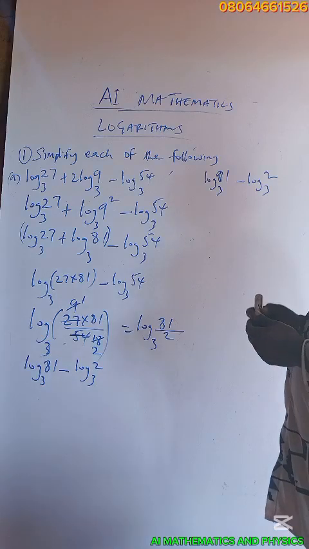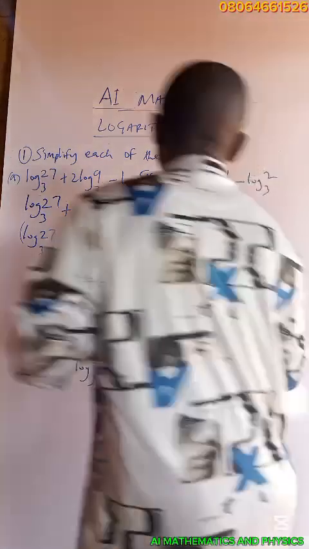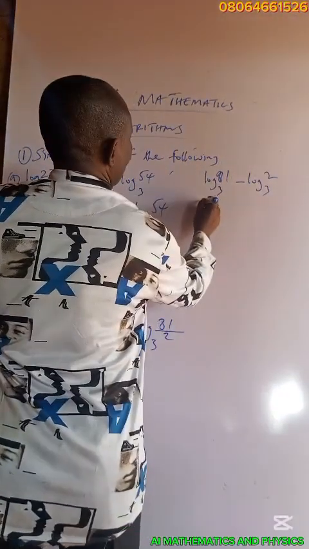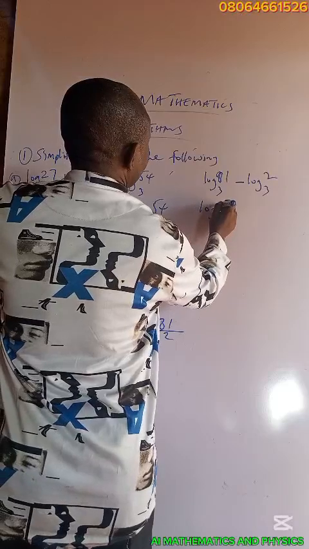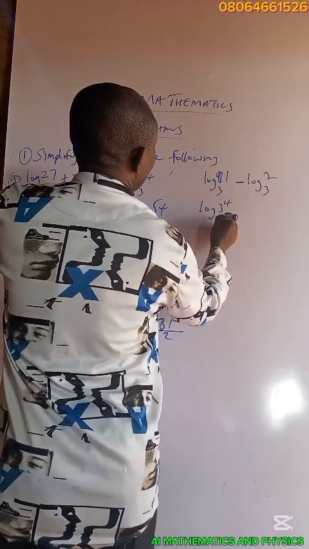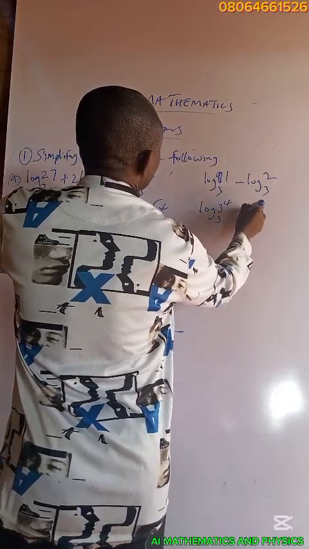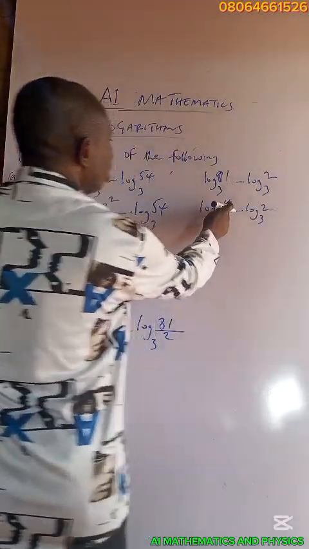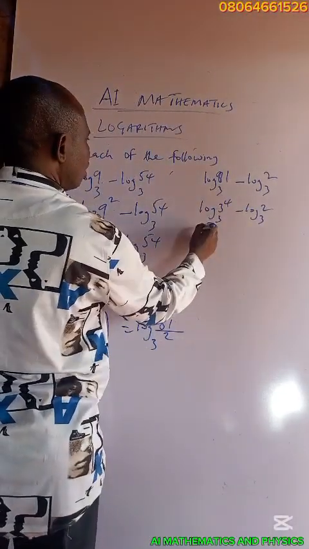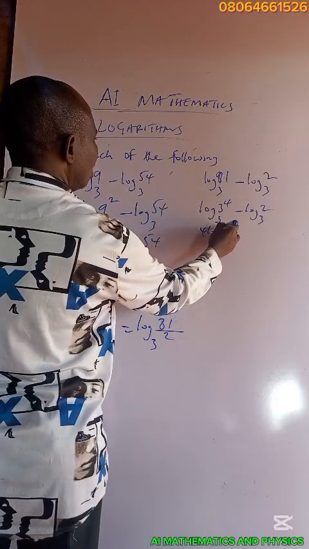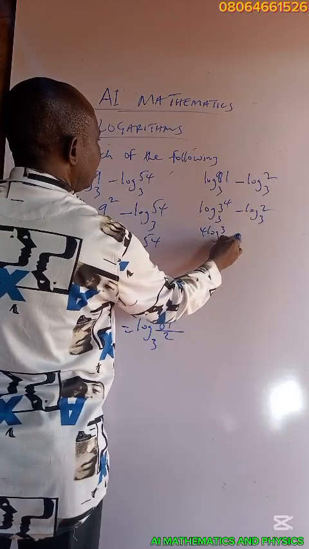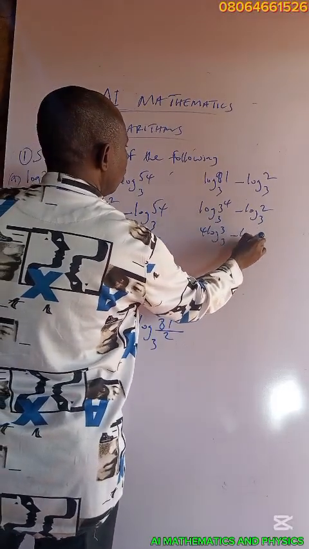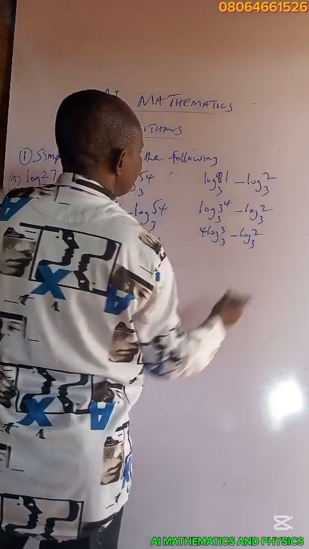You know 81 is a family of 3, which is log 3 raised to power 4 base 3 minus log 2 base 3. Using the rules again, this 4 will come in front: 4 log 3 base 3 minus log 2 base 3.